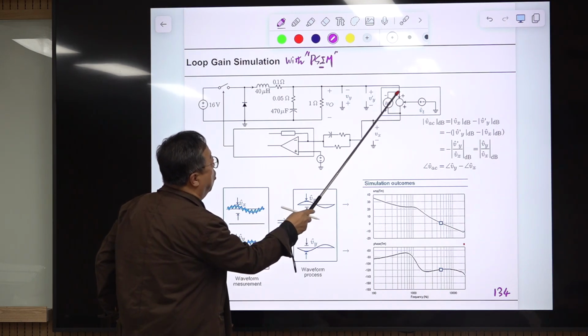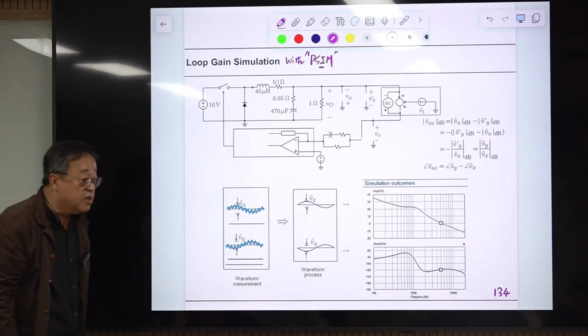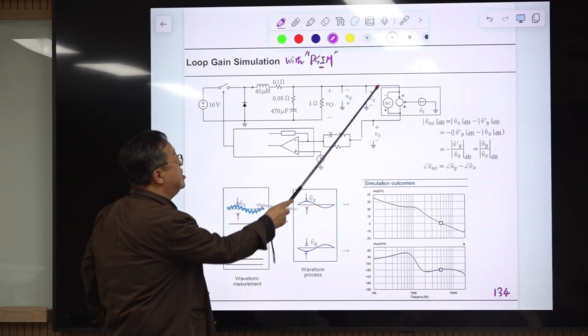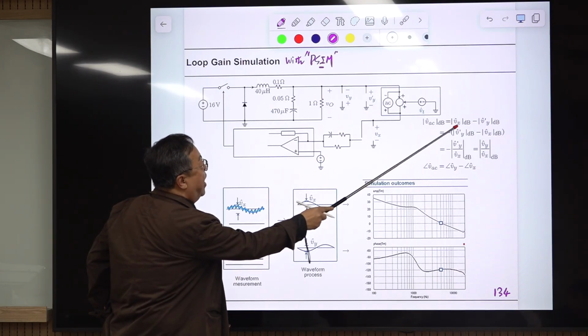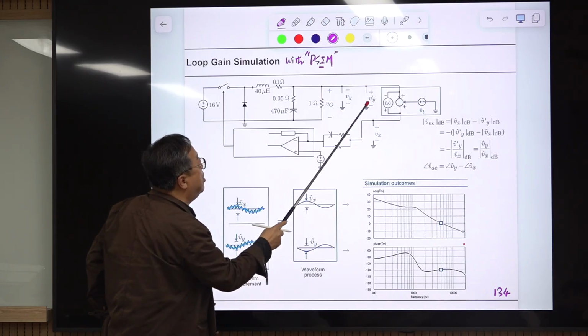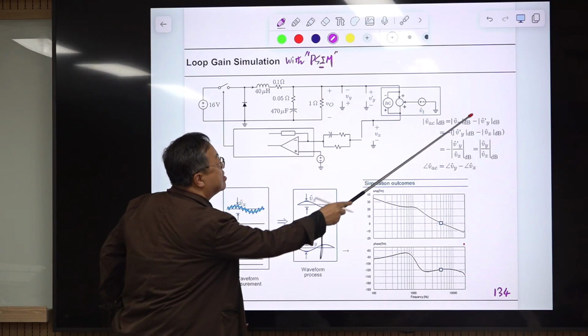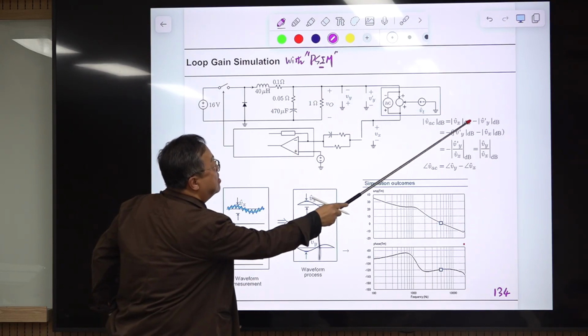This is measuring only the AC component between here and there. Then this VAC magnitude is Vx hat in dB minus Vy prime in dB. So we have minus here.